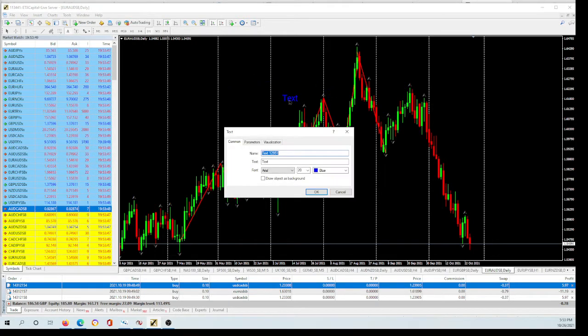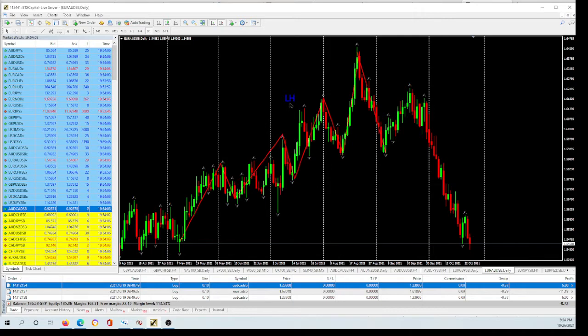So you have higher lows in an uptrend, lower highs in a downtrend. So yeah, that is it.